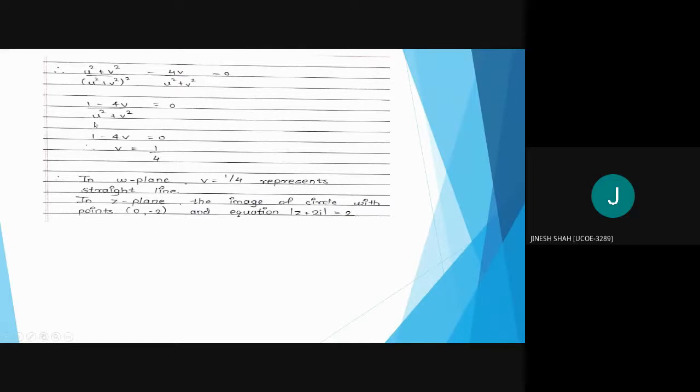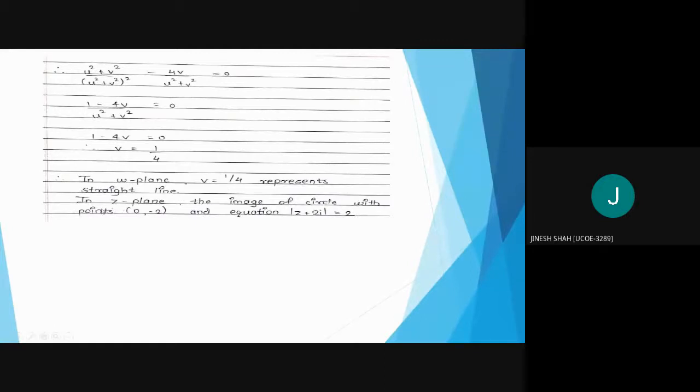So by taking the common denominator, we get (1 − 4v)/(u²+v²) = 0. So therefore 1 − 4v = 0, and the value of v is 1/4.